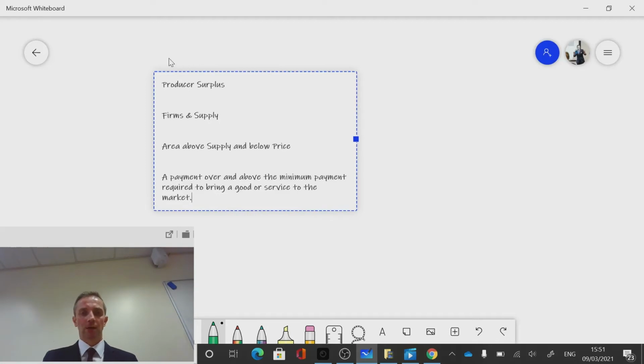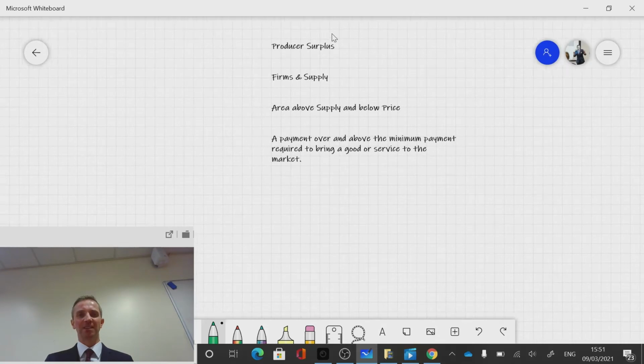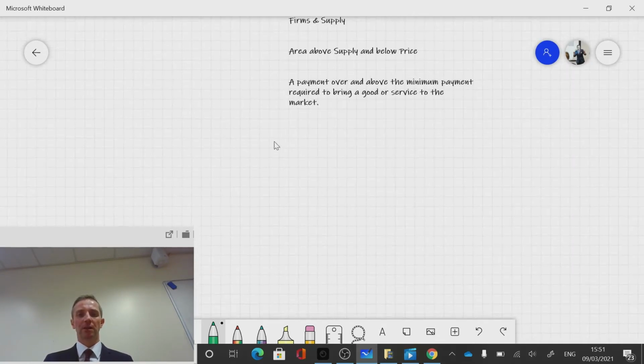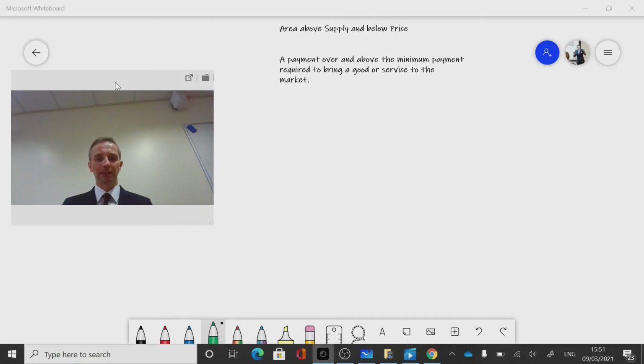Okay. If you're looking at this whole notion of producer surplus, you've probably come across consumer surplus. So it's a very similar concept, although obviously you wouldn't want to mistake the two in an exam. So let's get to some diagrammatic analysis, ladies and gentlemen, as to what we actually mean. So let me get some axes drawn.